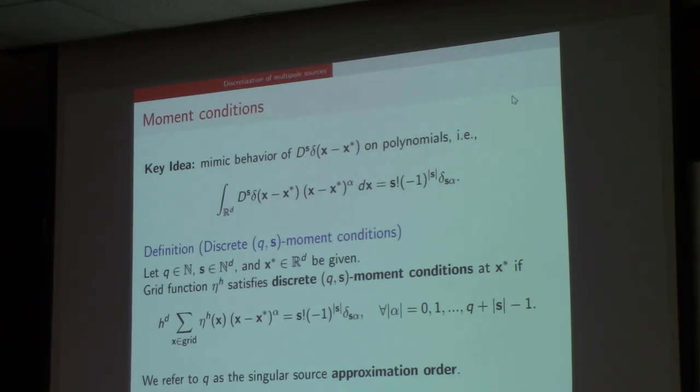And you want to do this for enough terms, depending on how many derivatives you're taking, so that this results in a Q-order approximation for the S derivative of the delta function. So more derivatives, more terms you need. The higher the order, more terms as well.